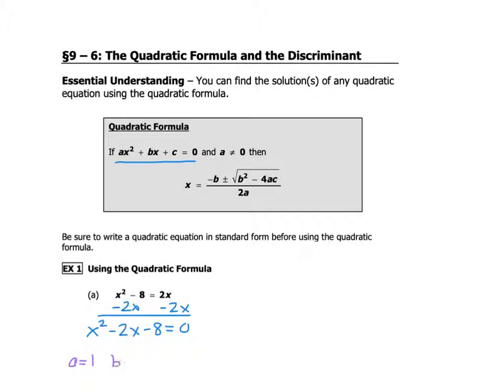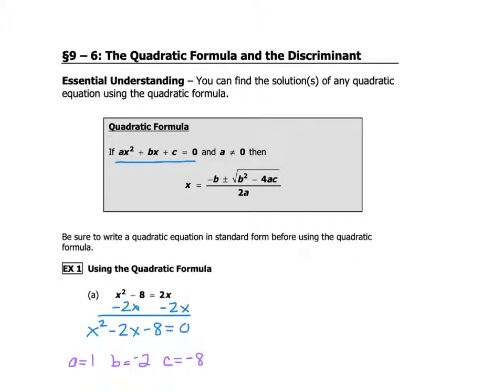Now take a look at the bx term. What is the b value? In this case, the b is -2, and the c value is the number all by itself, and that is -8. And so we're going to put these a, b, and c values into our formula, just as is shown in the box.